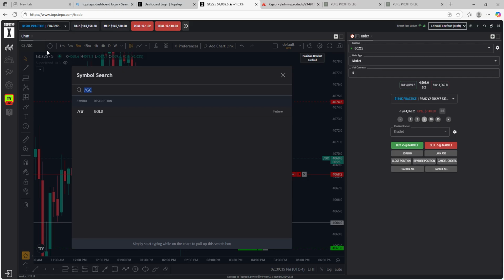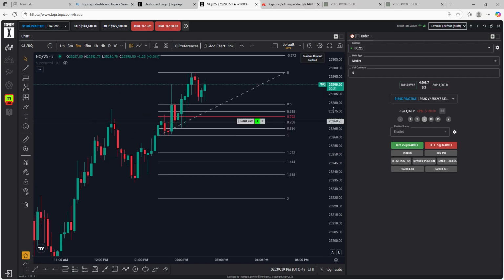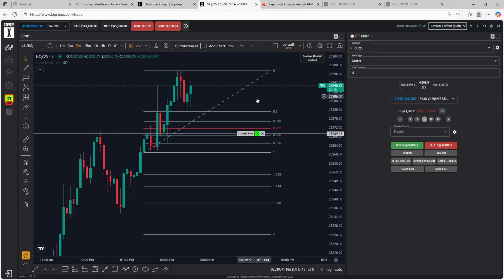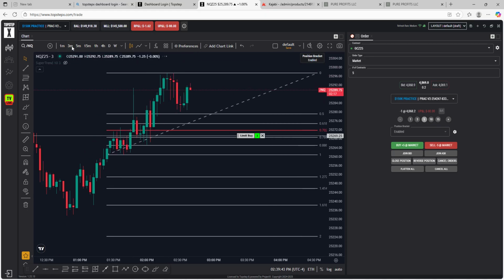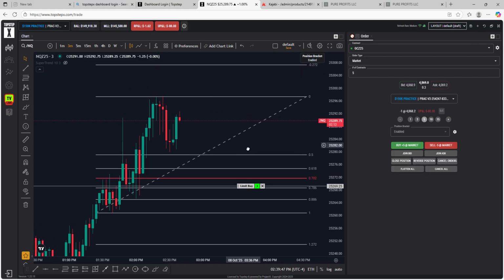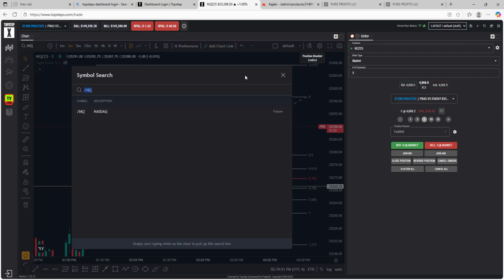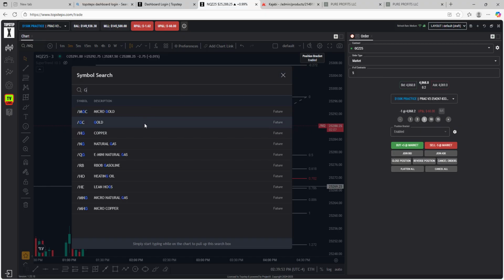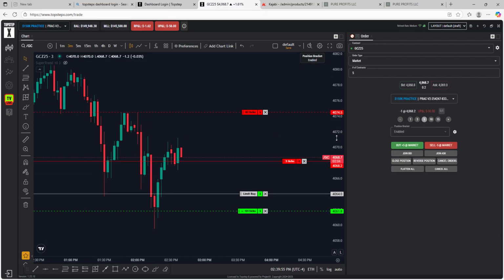Yeah, let's see what this Nas trade is doing. The Nas just made a new low, so it probably is not going to come back. Oh, somebody respect it.